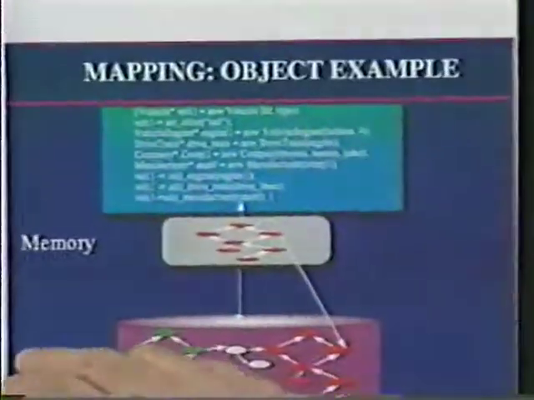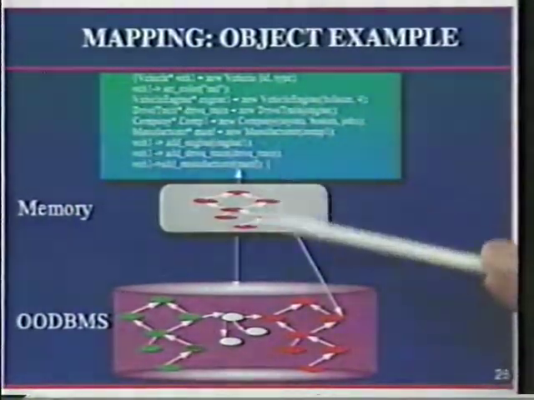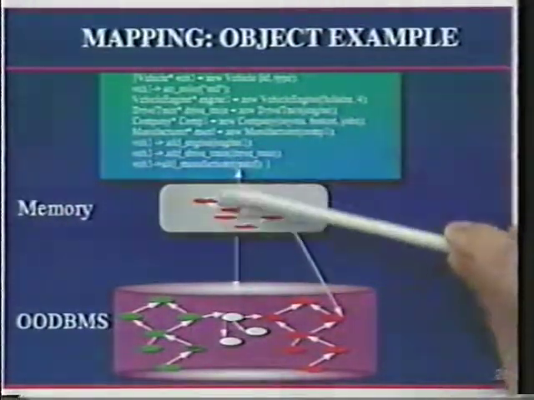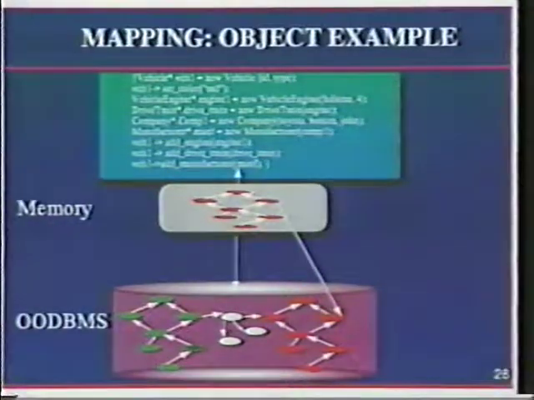Whereas in the object case, we directly map from the memory into the object-oriented database systems, and we do the operations in the memory, with a one-to-one mapping, and we will come to this particular example in a minute or so.